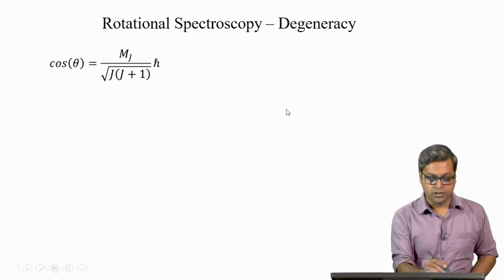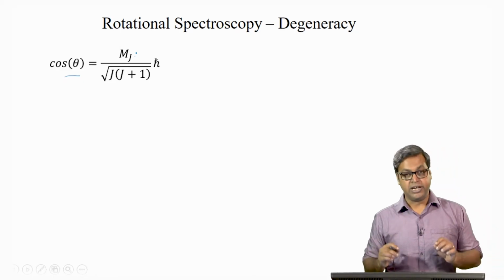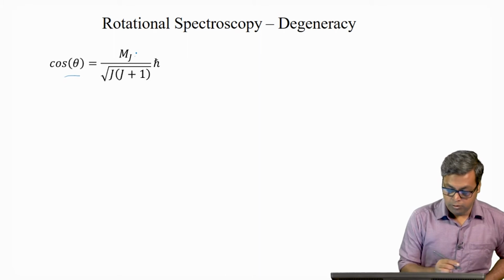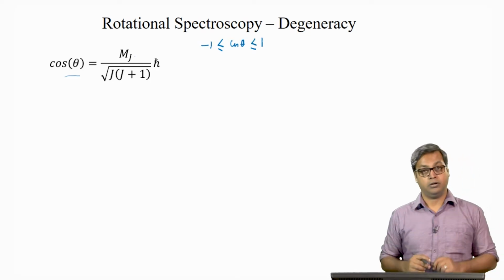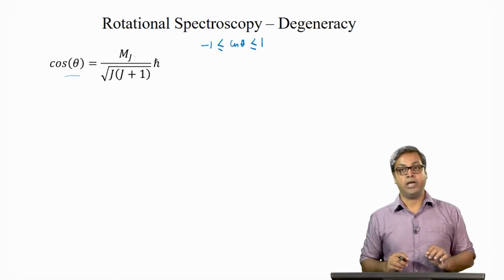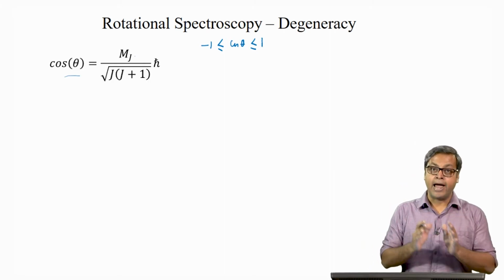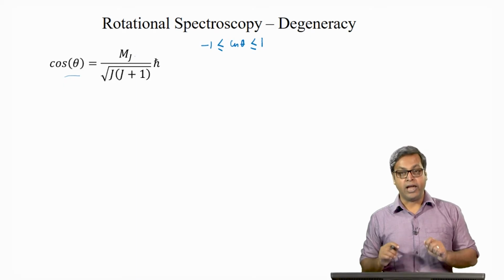We know that minus 1 is less than or equal to cos theta, which is less than or equal to 1. So, it can be shown that as the maximum and minimum value of cos theta is 1 and minus 1 respectively, m_j can take values.